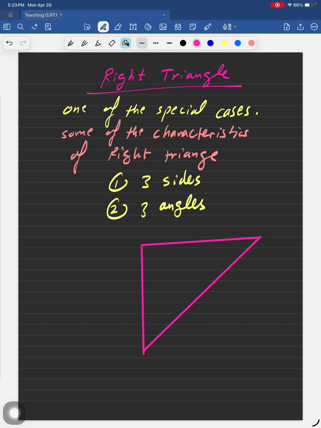So when we are talking about the sides, we can see that we have the biggest side, and we call this biggest side the hypotenuse.